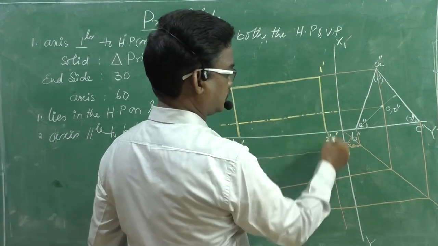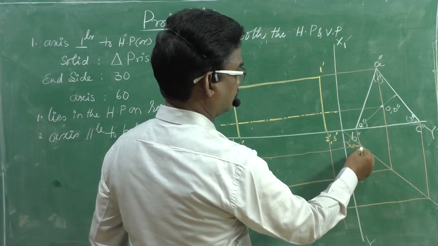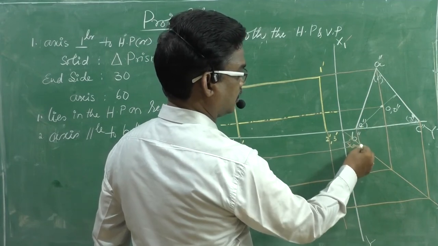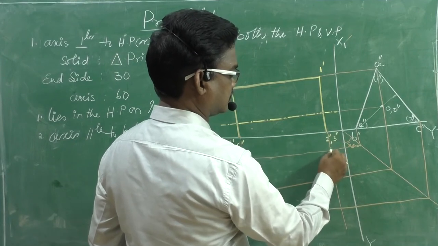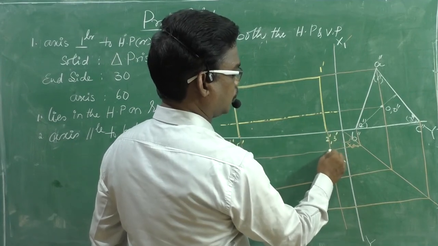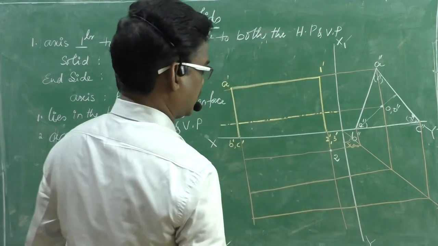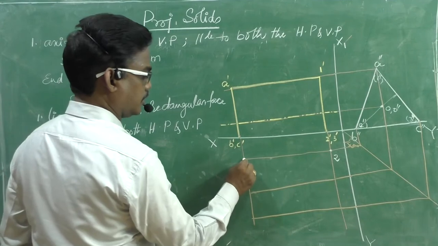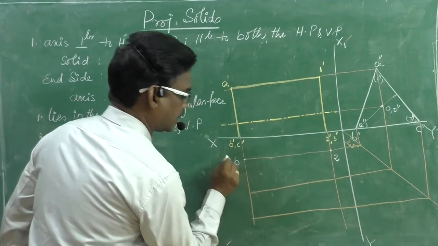This is from 1 and this is from 2 and B, and this is from 2 and 3. Therefore, this will be 2, right? And this will be B, right?